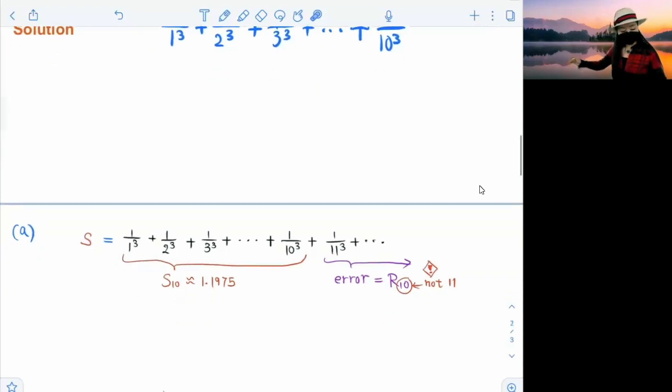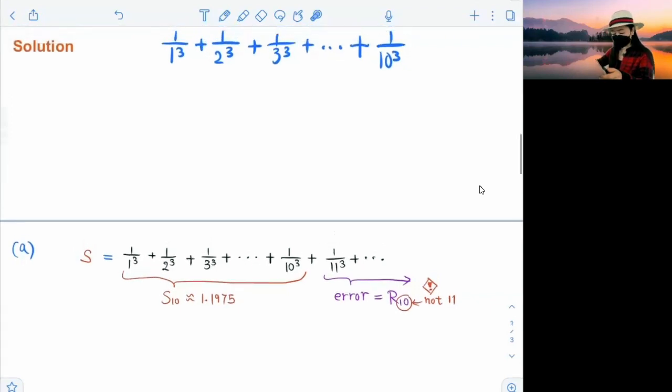Okay. So how do we do this? According to the remainder estimate for integral tests, well, we need to actually check the conditions of the hypothesis. Is the function here continuous? So what's the related function? What is the function f? 1 over x cubed, right?